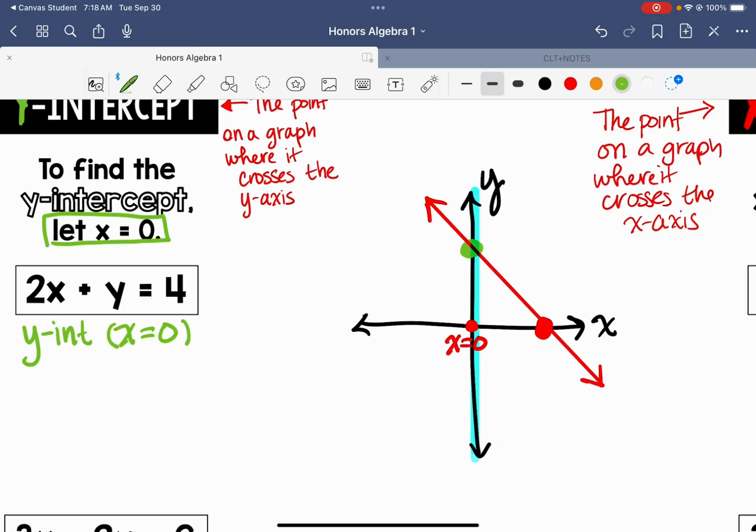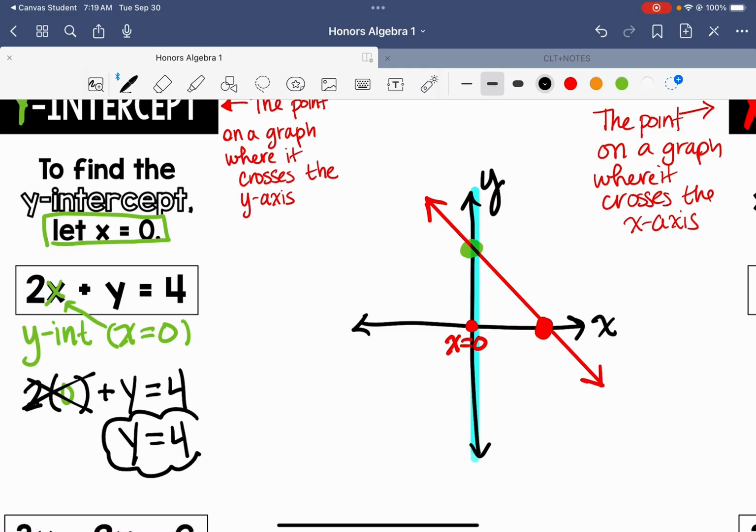You substitute that into the equation. In this case, I would have 2 times 0 plus y equals 4. Well, that's just y equals 4. So the y-intercept here is 4.